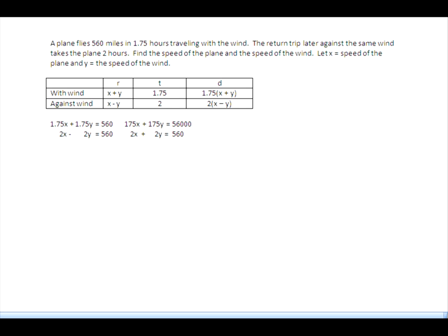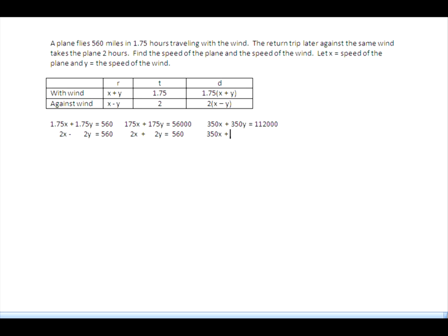Well, the next thing we could do is find the least common multiple between 175 and 2. That would be 350. So we need to multiply the top one by 2. That'll make that 350x plus 350y is equal to, then we need to multiply 56,000 by 2, which would give us 112,000. And then we'll multiply the bottom one by 175.